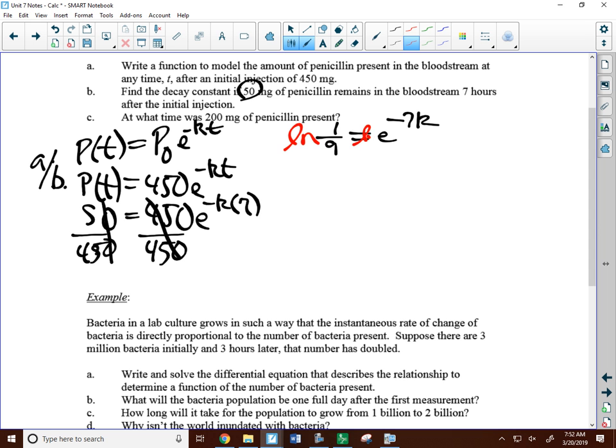Okay, we'll throw a natural log at it. So it'll be ln of 1/9 equals negative 7k. And we'll just divide by negative 7. So our answer is going to be, well, watch.